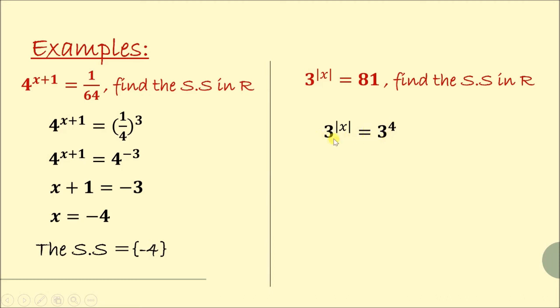So from the first method, I can say the absolute value of x equals 4. Absolute value means that x has two values, positive or negative 4. So the solution set will be 4 and negative 4.